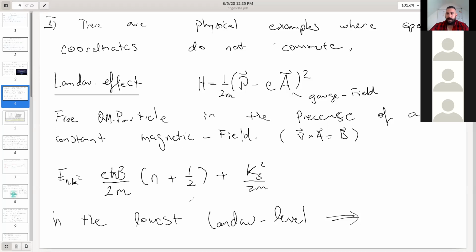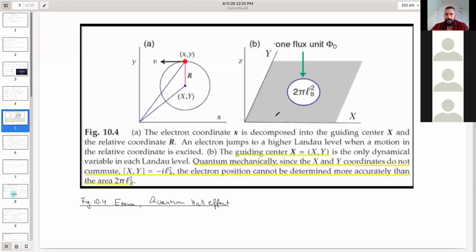Basically, in the lowest Landau level, the coordinates that describe the movement of the electron do not commute anymore. Their non-commutativity is given by this magnetic field, or by the inverse of this magnetic field. This is a figure that I took out of a text on the quantum Hall effect, which is also a very important effect in physics.